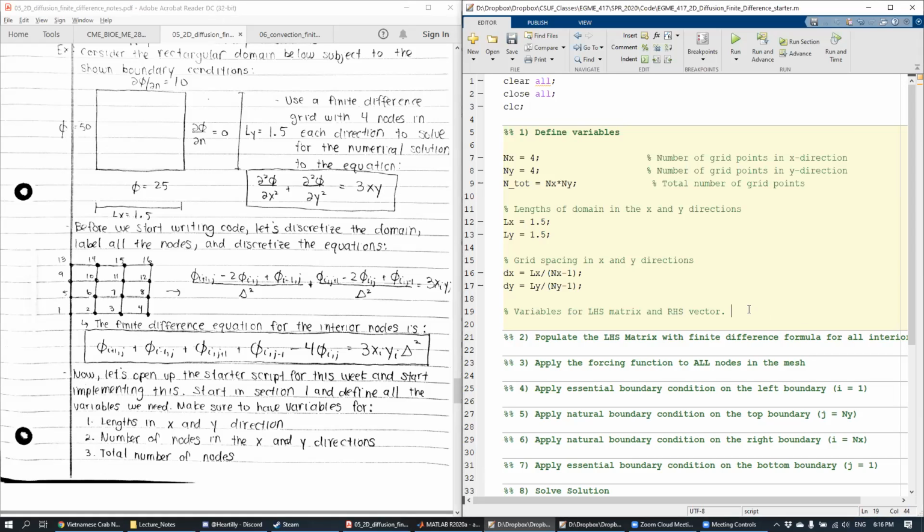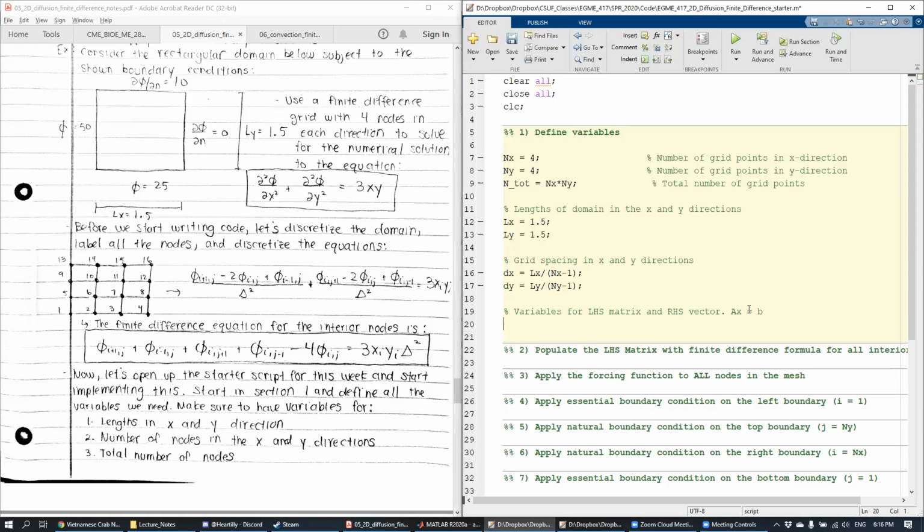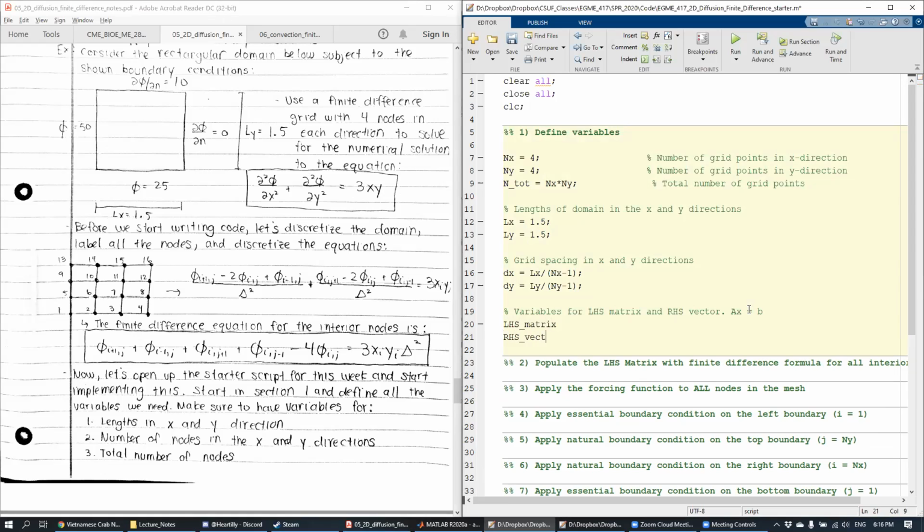Okay? And so we're going to take that differential equation and turn it into something like this, right? So AX equals B. And so in order to do this, we need to have placeholders for the left-hand side matrix A, and also the right-hand side vector B.